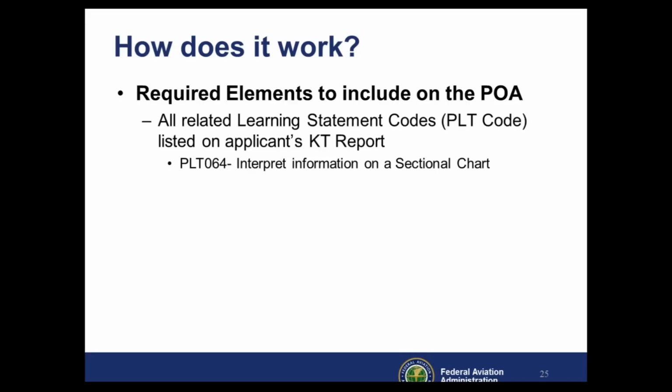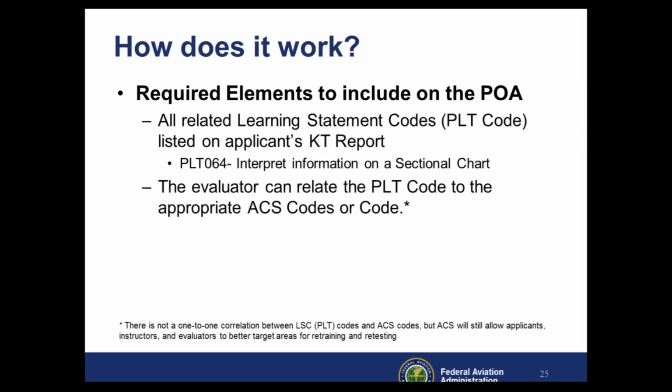And that's what the recommending instructor would review. And then the designee, the DPE, whoever's giving the checkride, would make sure to include interpreting information from the sectional chart on the plan of action.